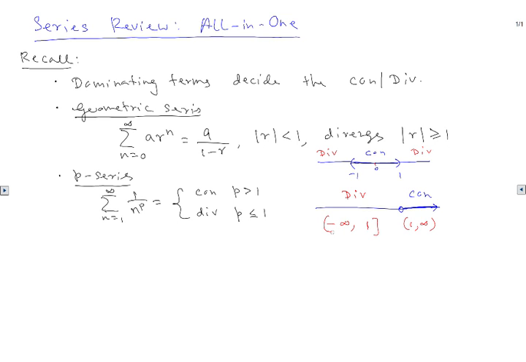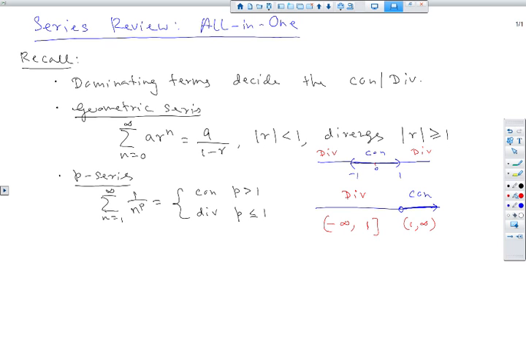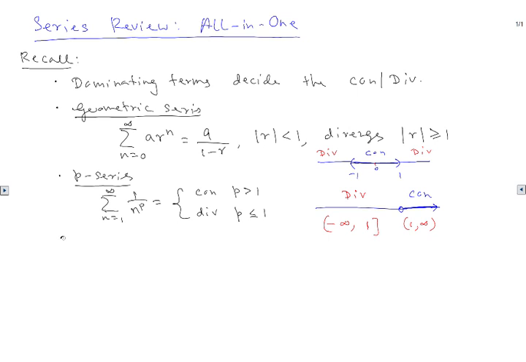And then the other point is, if you want to find the sum of a series, there are only two ways to do it. We need the actual sum of a series. The one major method is the geometric series.